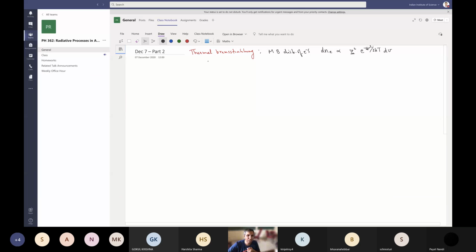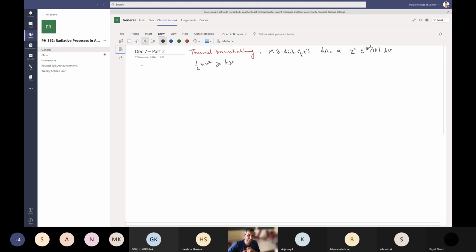The other thing that we have to recall is that if you have an electron of energy half m v squared, the h nu of the photon which is produced has to be less than, right?